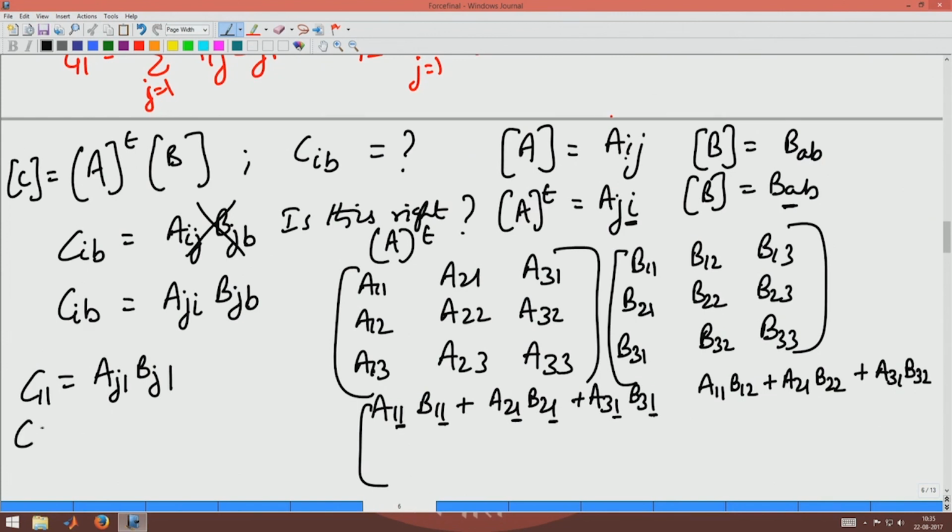Similarly, C12 would be Aj1 Bj2. So, the column index of A has to be 1 and the column index of B has to be 2 in the second term. Okay. You can see here the column index of A is 1 and of B is 2 as suggested by this expression here, and you have to sum j from 1 to 3, which we are doing.